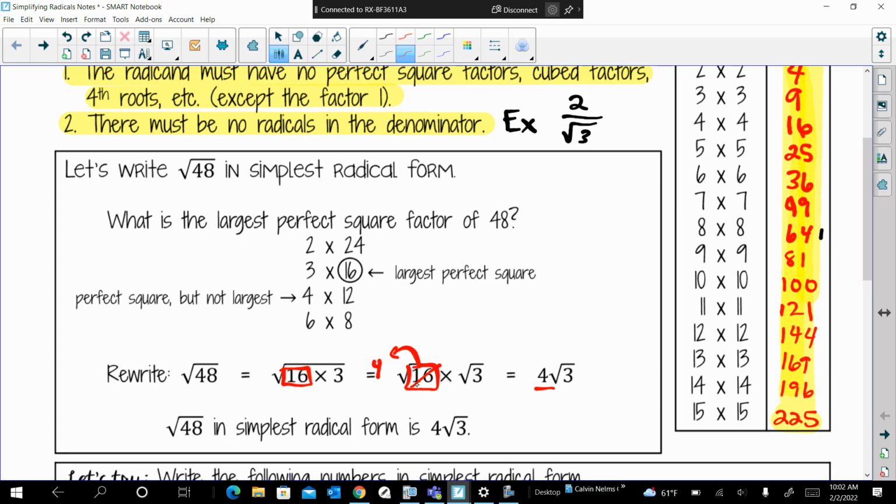Perfect squares do not stay underneath, they come out, because you can simplify it to a whole number. So if you see a perfect square, you need to change it to its whole number representation. That's why the final answer here is 4 root 3. The perfect square came out to the front when you took the square root of it, and what remained stays underneath.